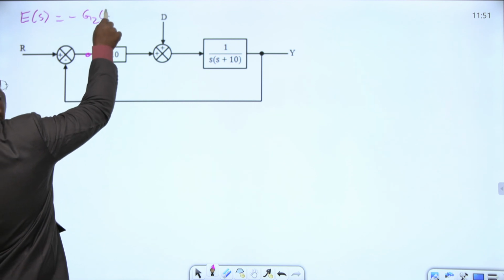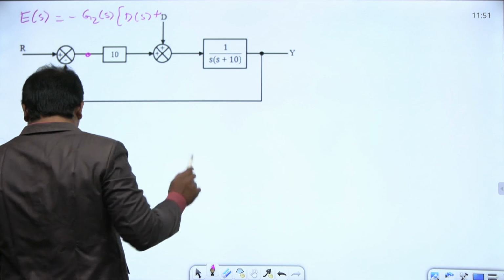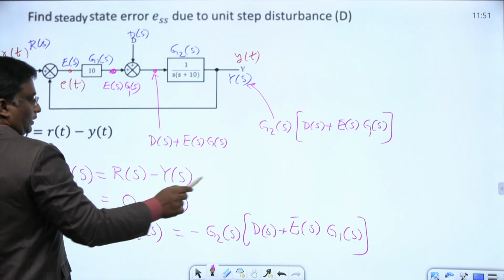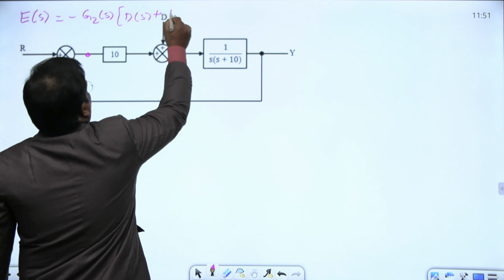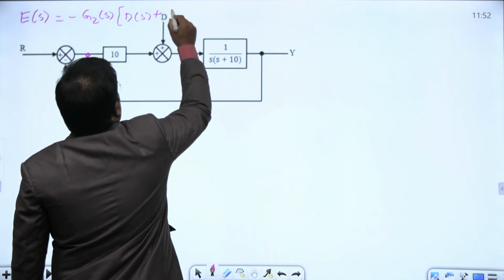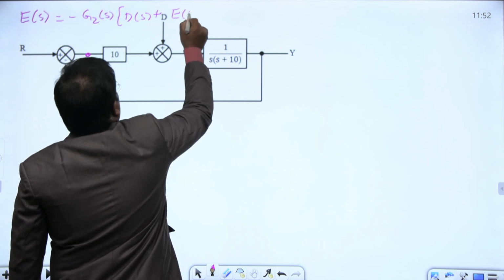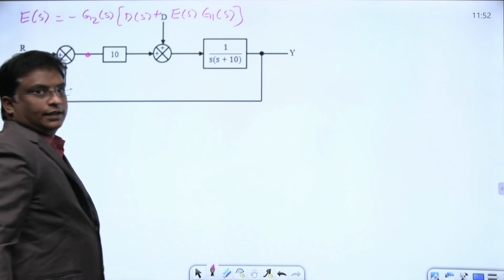I am writing this one again, this error signal E of S equals minus G2 of S into D of S plus E of S into G1 of S. We need to find the steady state error.